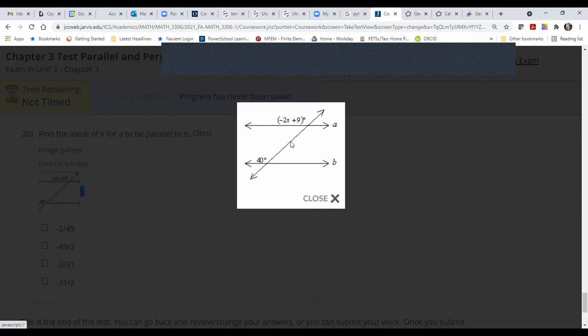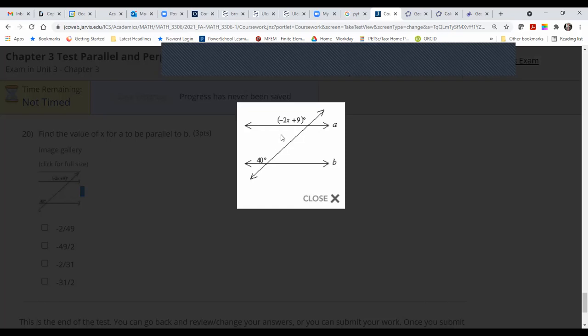Can you calculate it in your head? You can move terms so you get 2x on one side and 40 minus 9 on the other, right? So it will be 31 over 2, right? And you have to be careful that the angle should be positive.